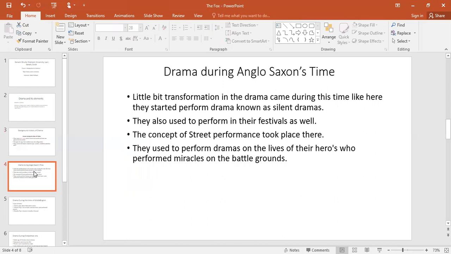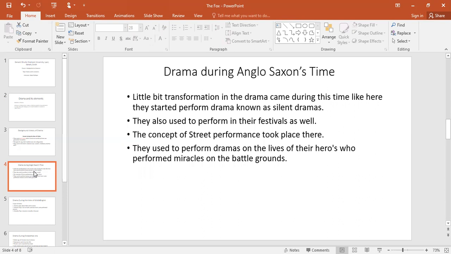Here, they started to form drama known as silent drama. This is the era in the Anglo-Saxon period. Proper dramas were performed in the streets, but those dramas were silent in nature, silent in mood. You see, they used to carry a picture.